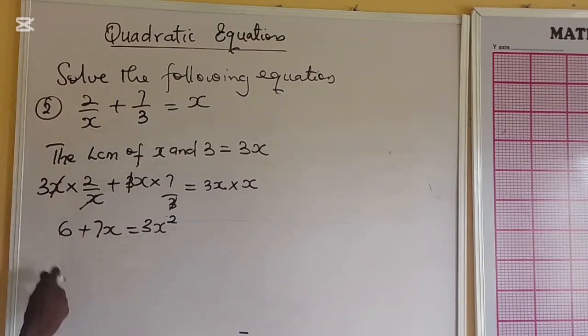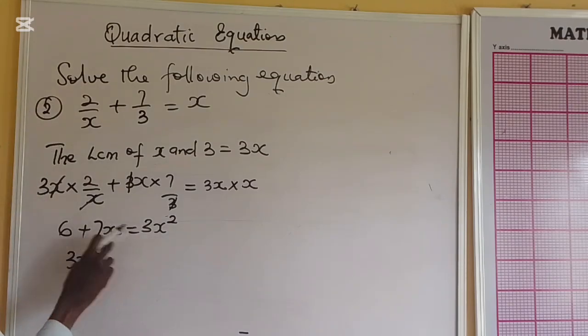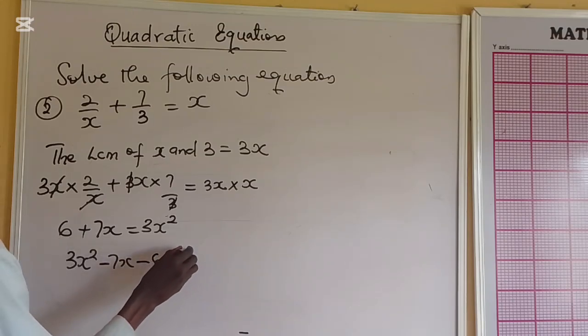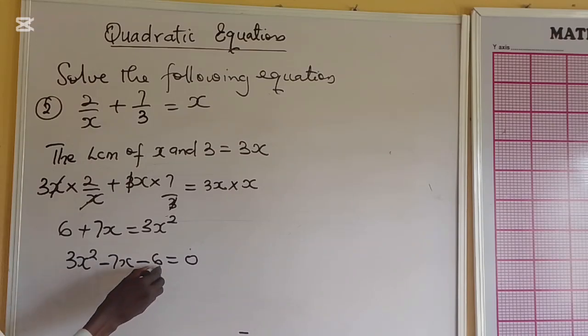I want to rearrange it. There will be 3x raised to the power of 2. When this plus 7x crosses, it becomes minus 7x, and when this plus 6 crosses, it becomes minus 6, is equal to 0.